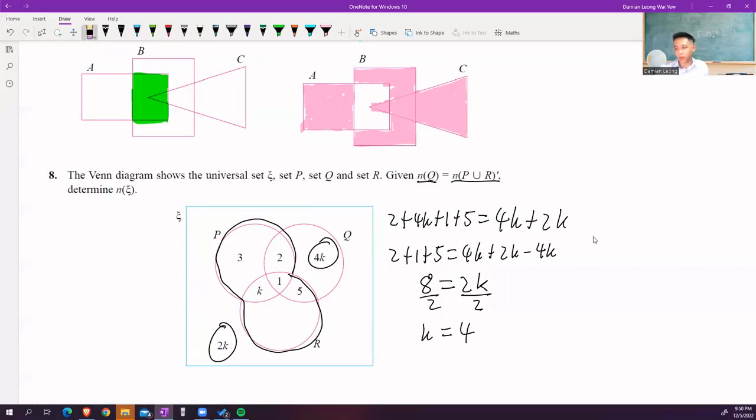But what we want is not k. Make sure you read the question and answer what they want, not just finding the unknown. So here, what they want is number of elements in the universal set. Everything inside, add together.